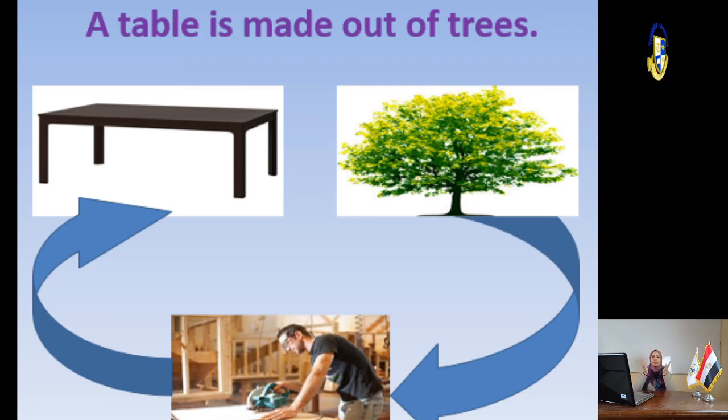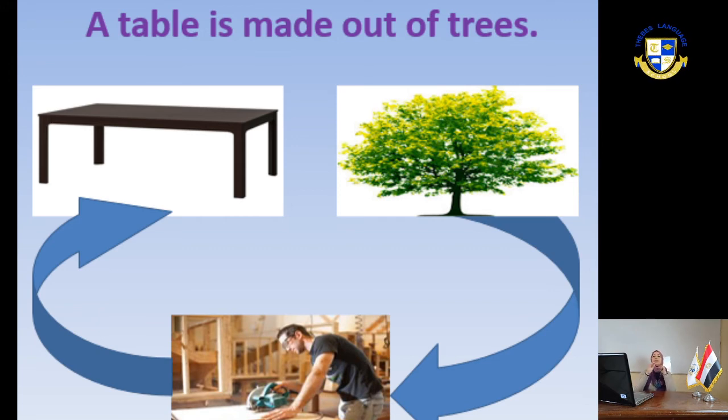All of these things made of wood started as a tree. So the tree is the source for the table. They cut the trees into wood in different shapes and different sizes, and then form tables, chairs, desks, a door, anything made of wood. It started from the trees.